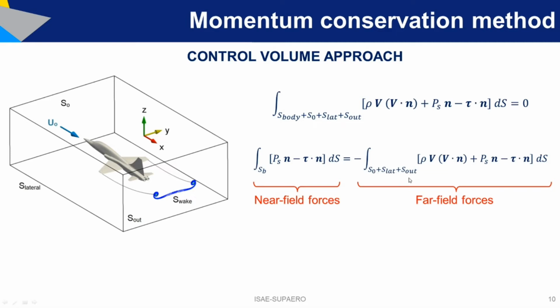So this is basically the action-reaction by momentum conservation. And that's why this is called far-field forces, because we are predicting the force acting upon the body by measuring parameters on the external surfaces of the control volume that are far away from the body, and that's why we call it far-field forces.